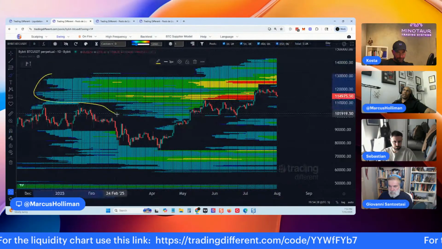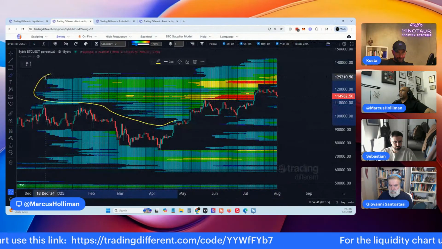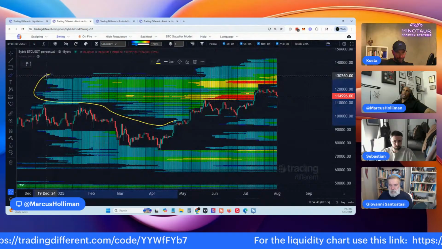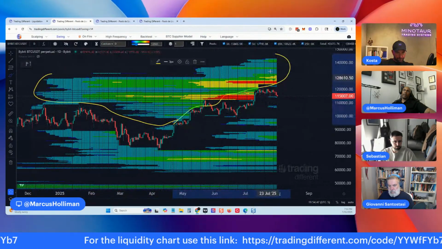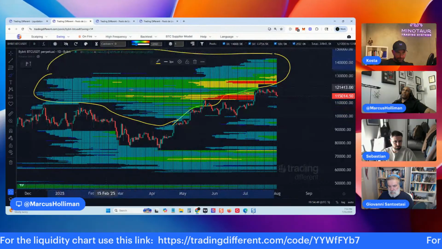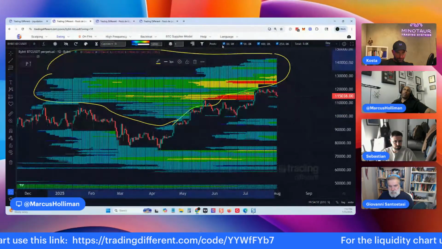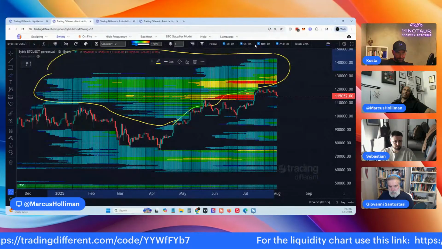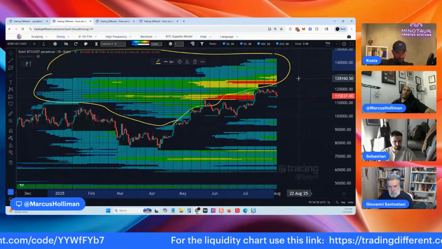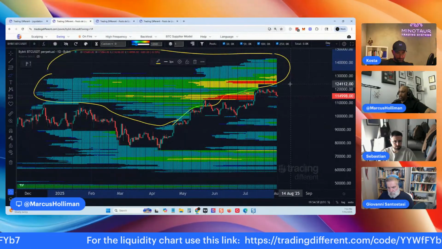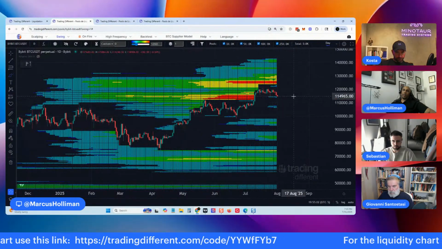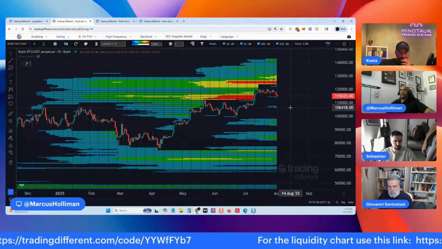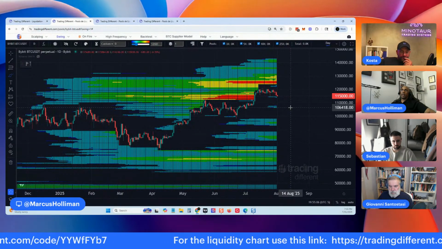This short side liquidity has been building since December, the first of the year, and it's an enormous pool of leveraged positions in the perpetual market. We're going all the way from 3x, 5x, 10x, 25x, and there's also 150x in there as well. A lot of those have gotten taken out, but that's what's on the table.